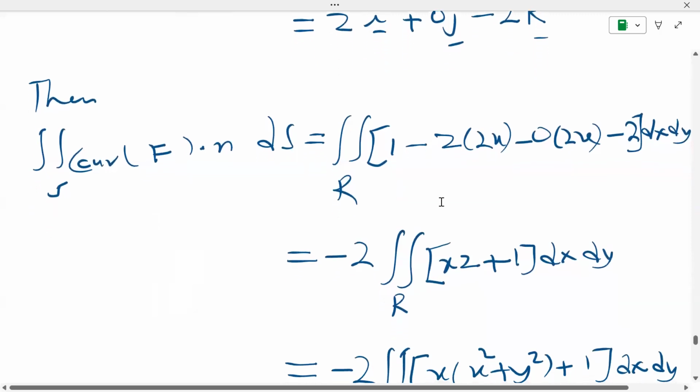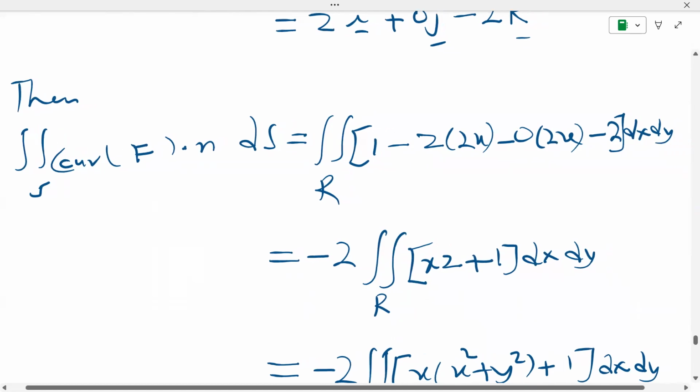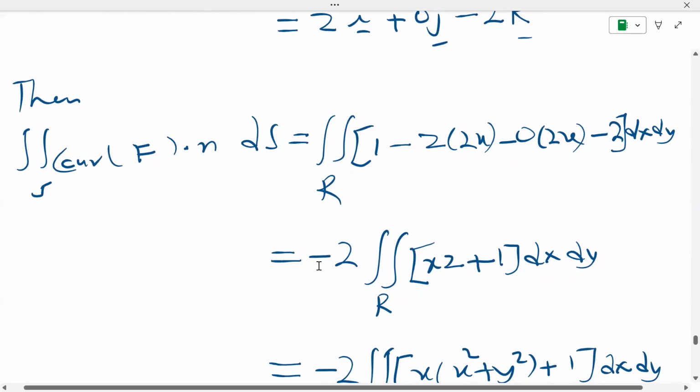So straight away, we get our square brackets, 1 minus our values over here, 0 to x minus 2 dx dy. All right, so we get a negative 2 coming out.